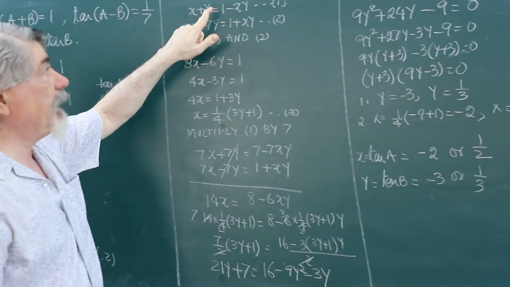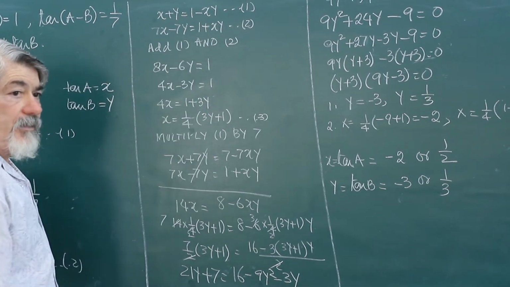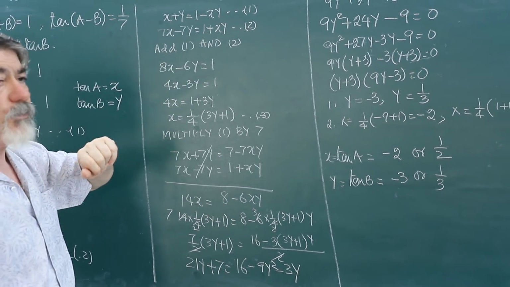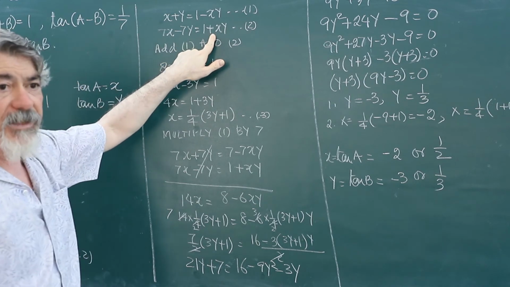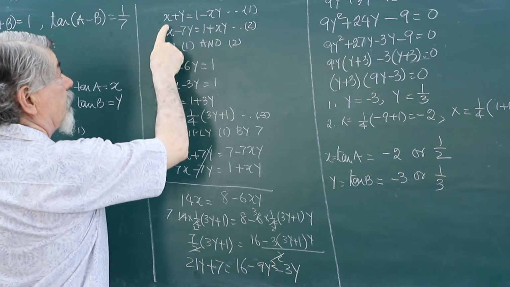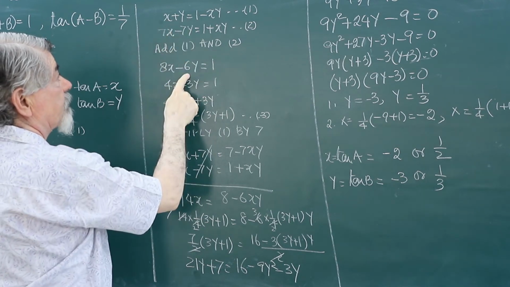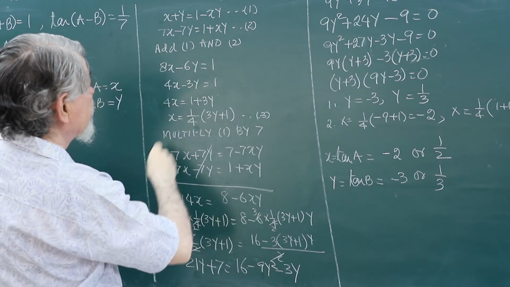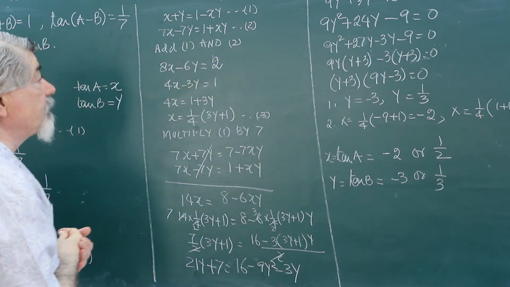You see xy and xy is there. So first of all, I eliminate xy by adding equation 1 and 2. When you add equation 1 and 2, it is minus xy, it is plus xy. It will be eliminated. We got x plus 7x as 8x, y minus 7y as minus 6y, and this is the mistake we have made. 1 plus 1 is 2 here, and we divided it by 2.